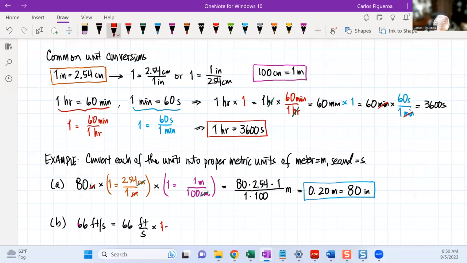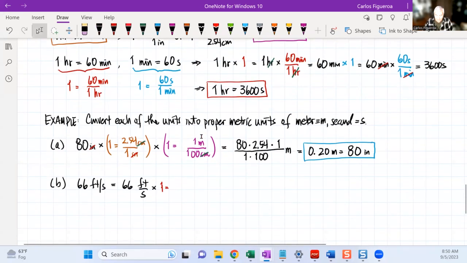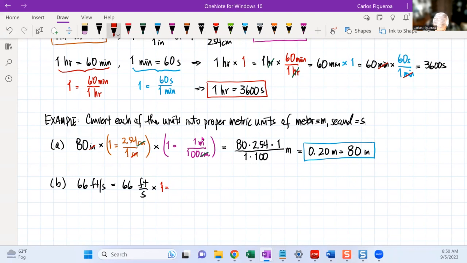So using the right conversion factor, I have to convert feet into inches. So I know that there are 12 inches in 1 foot. So then I'm going to write that this is 1 foot into 12 inches. So right away, I can see that feet and feet cancel.